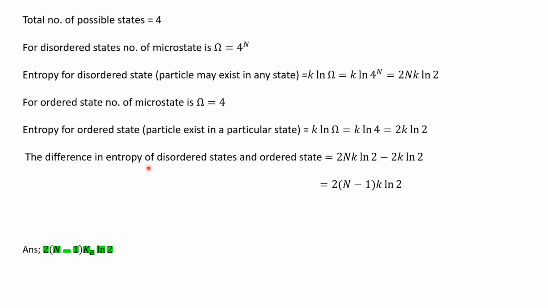The difference in entropy of the disordered state and the ordered state, which has been asked in the question, is 2nk ln 2 minus 2k ln 2, that is equal to 2 into (n minus 1) k ln 2. So here option A, that is 2(n minus 1) kB ln 2, is the correct answer. Here kB is the Boltzmann constant.